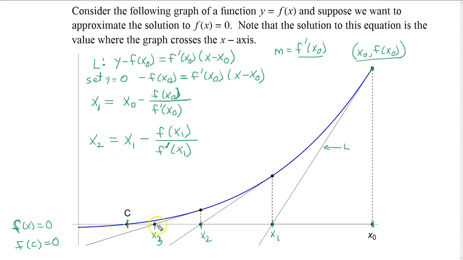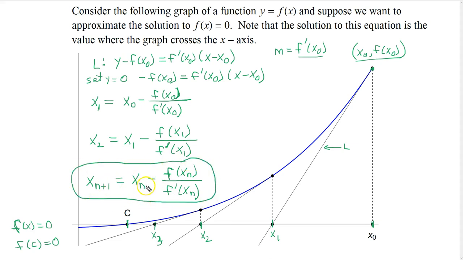And then x3, we just replace the x1s here with x2s. And that is Newton's method. Or in other words, in general, x of n plus 1 equals x of n minus f of x of n over f prime of x of n, and this is Newton's method right here.